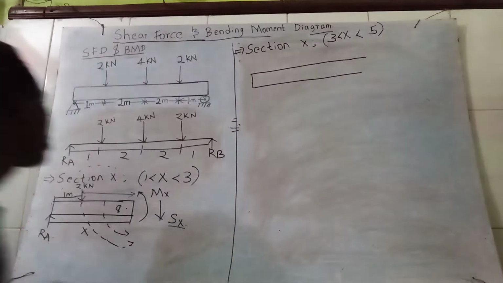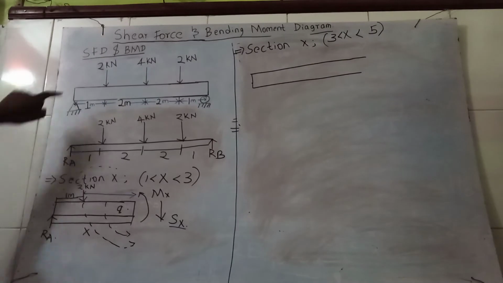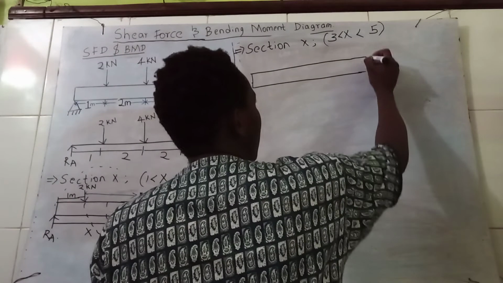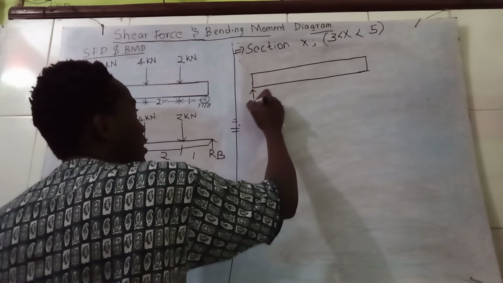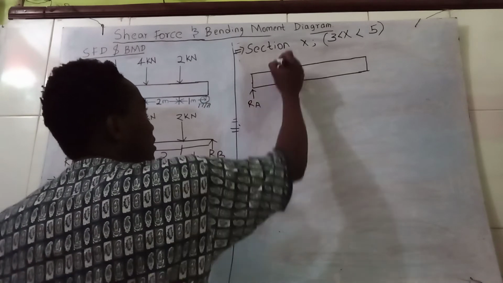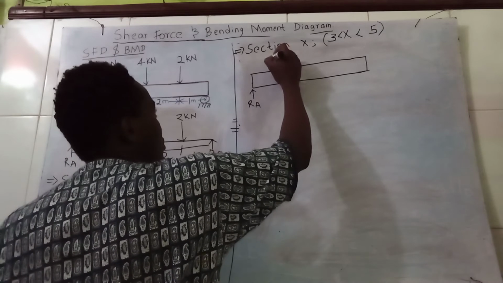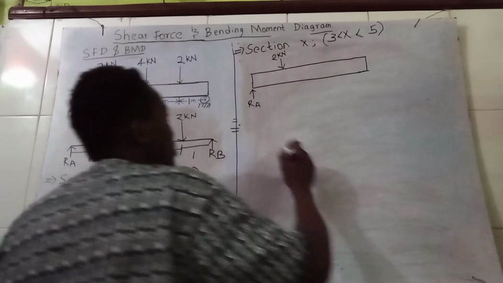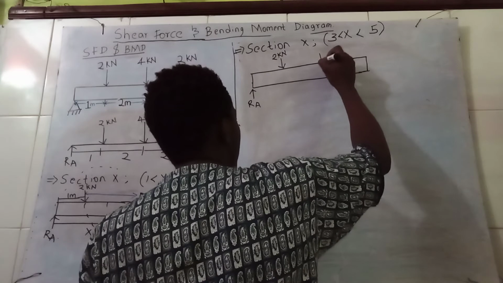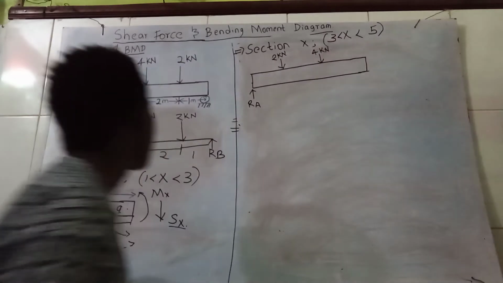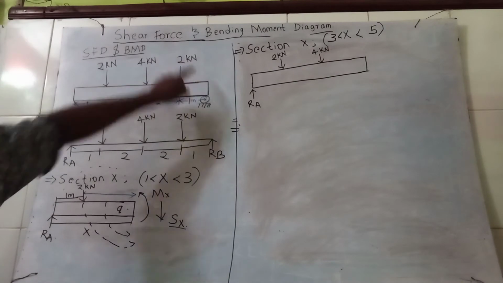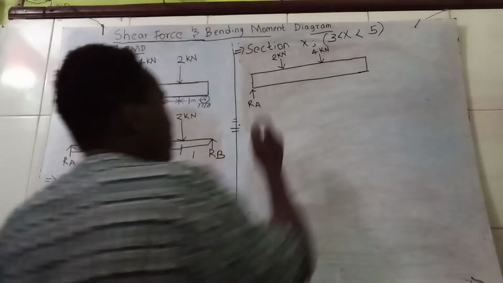So when drawing, you're going to draw starting from the beginning point. Remember that, a reaction force RA, a force of 2 kilonewtons, another force of 4 kilonewtons. Then we're not going to include 2 since it is less than 5.